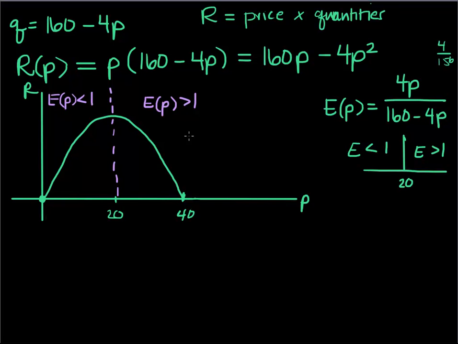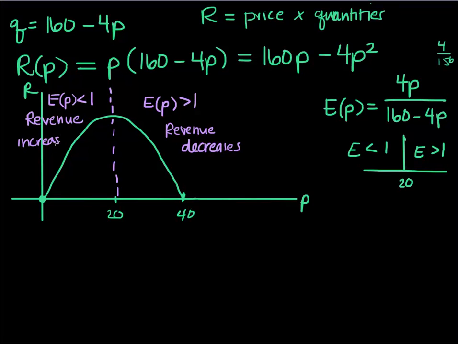So look at what happens on the right-hand side here. If I have an elastic system, my revenue decreases. It's getting smaller, which isn't always a bad thing. And if it's less than 1 over here, and it's inelastic, my revenue increases, which kind of makes sense.